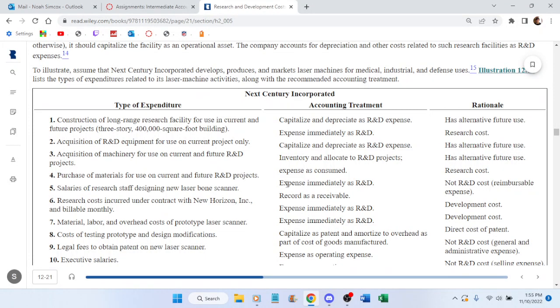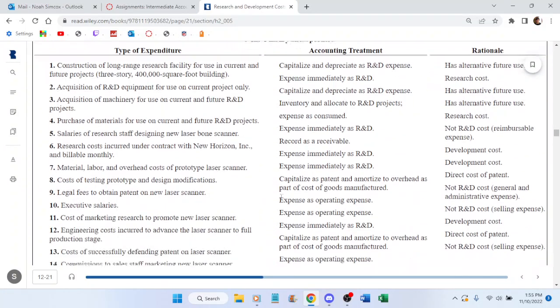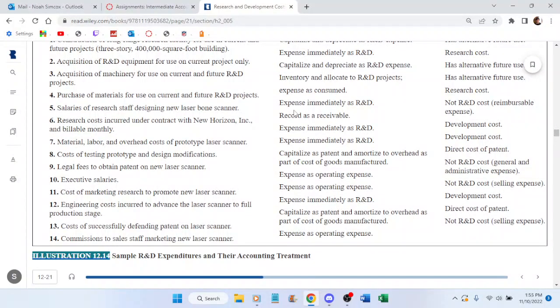Salaries of research staff is expensed. Research costs incurred under contracts: receivable. What? I'm confused.